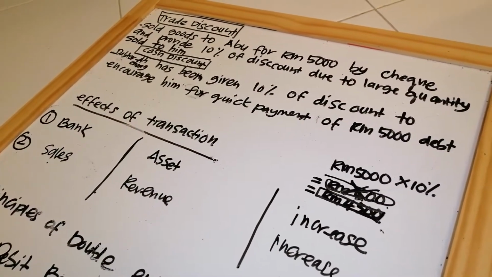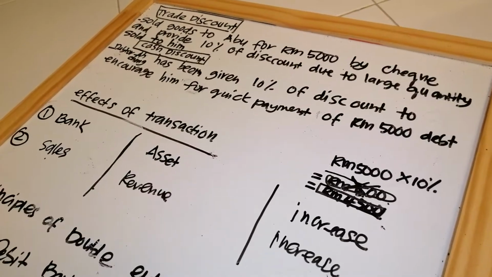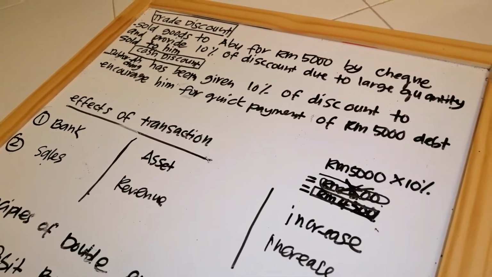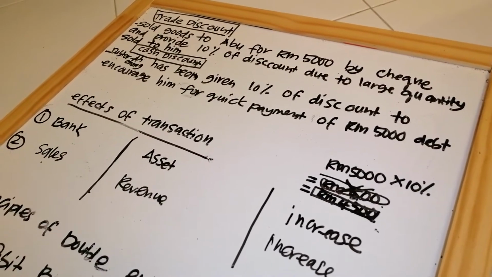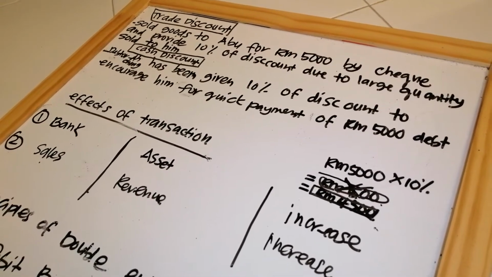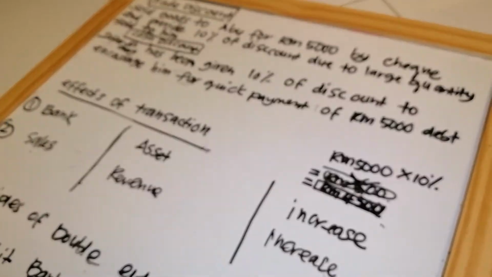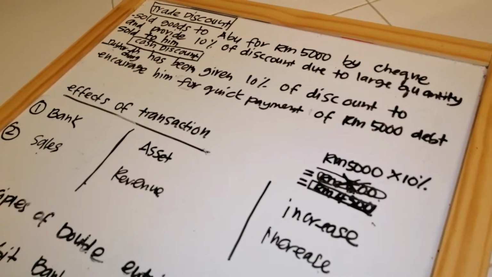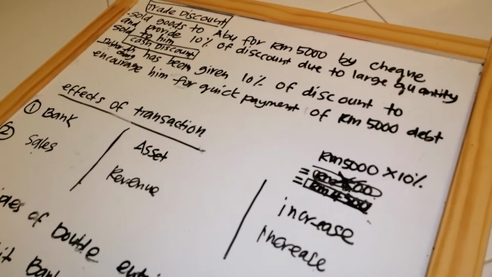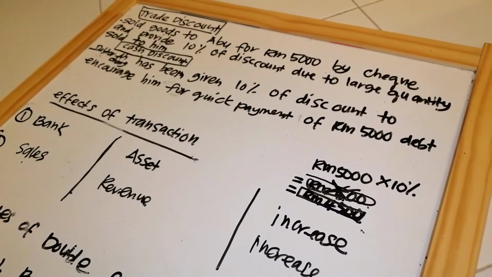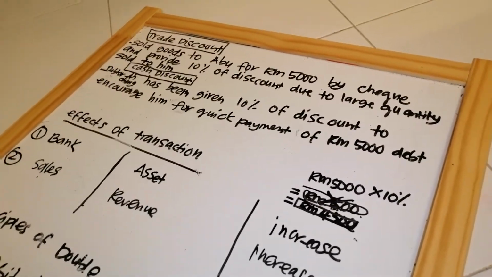So if there's no quick payment, you give 1 week to get 10%, they pay to your business in the second week, so no 10% discount. So that is cash discount. So your business policy must be determined when to give discount, for a period of 1 week or 2 weeks. Your business needs to decide the policy. Okay.